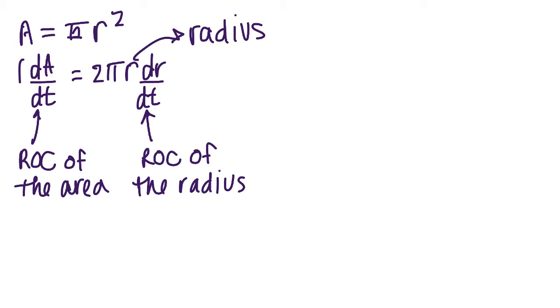Another common formula that we would have to take the derivative of, let's talk about the Pythagorean Theorem. We're going to have a squared plus b squared equals, and I'm going to call it r squared because that's most of the time how you would see it.